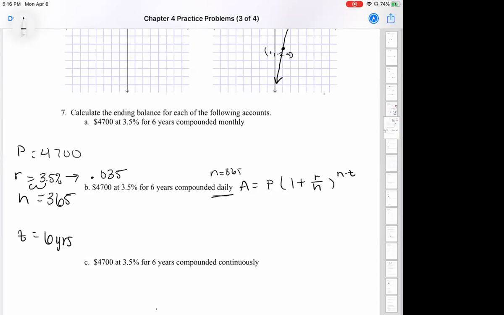All right, once we have everything sorted out, let's go ahead and input it into our function. So I have A is equal to P, 4,700 times 1 plus r, 0.035 divided by n, 365, and times t, 365 times 6. All right, let's do this in pieces.